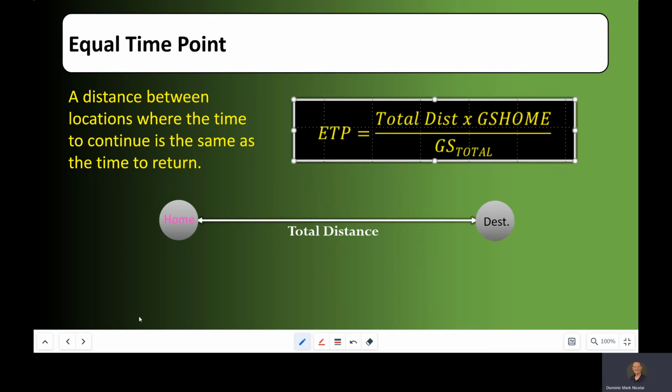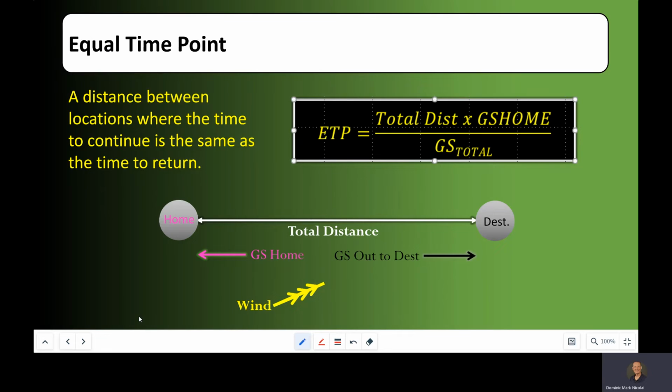Setting up some terms here, we have obviously the total distance between those fixes. And looking at a wind condition here, we would need to calculate the ground speed to turn around and return home, hence ground speed home, and calculate the ground speed out to our destination.